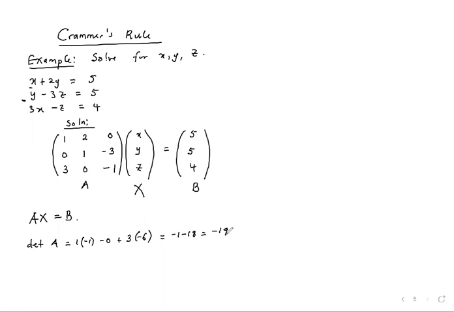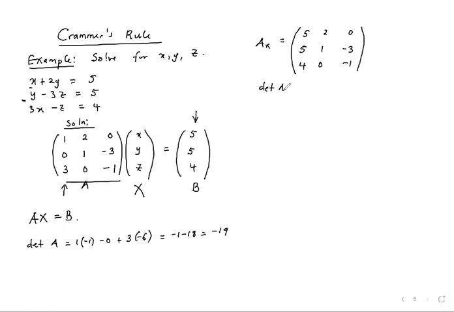Then now you form the matrix that we call AX by, you go to matrix A and replace the X column by B. So where there is the first column there, we'll put 5, 5, 4, and then maintain the other columns for the matrix A. And get the determinant.